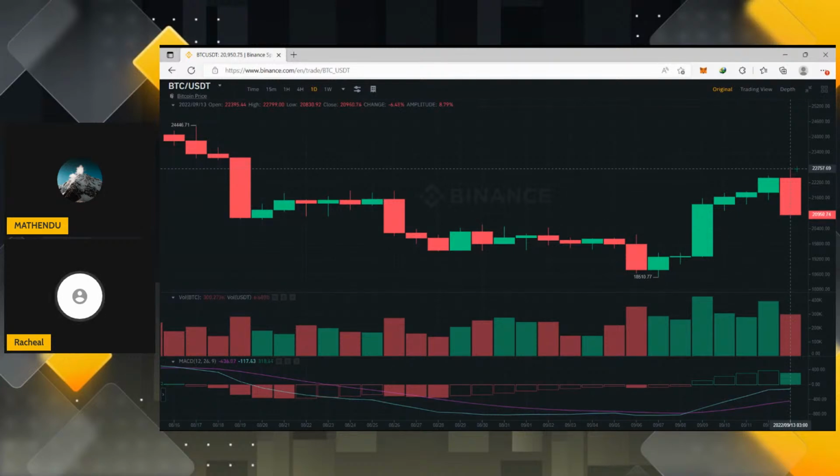If I get to the top of it, it shows around 22,757. So in the time frame of 1 day, I can tell by looking at the candle that the highest recorded price was 22,775.